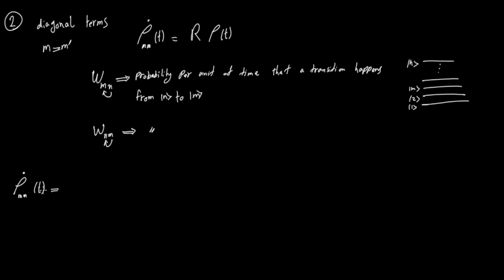So we have the dynamics of the state of our system, the density matrix of our system. It says that the dynamics of the state mm is equal to the changes that happen at that very moment in terms of flying, actually electrons or whatsoever the system is, from a state n to m.